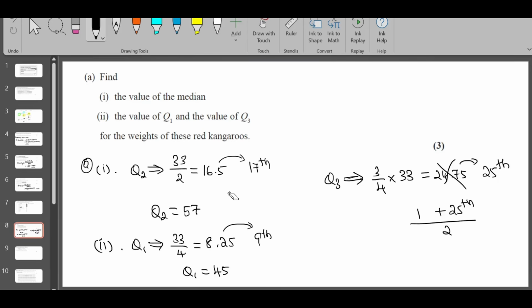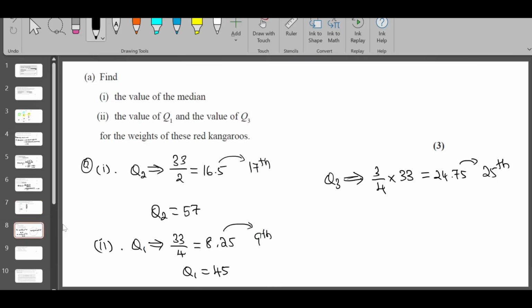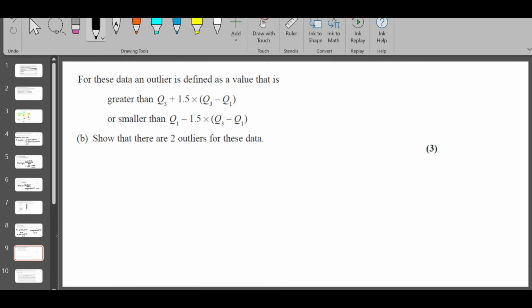So remember this method. So I'm going to take the 25th entry now. 1 plus 2, 3, 3 plus 3, 6, 6 plus 7, 13, 13 plus 8 is 21, 22, 23, 24, 25. We need the 25th entry, which is 63. Let's look at part B now.